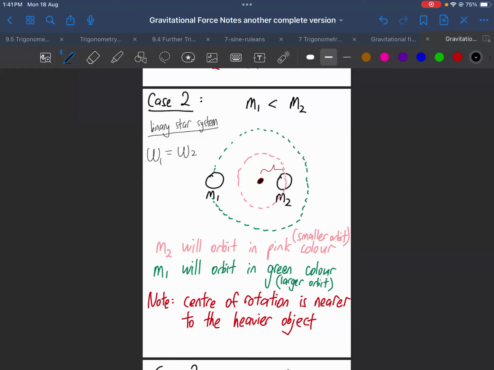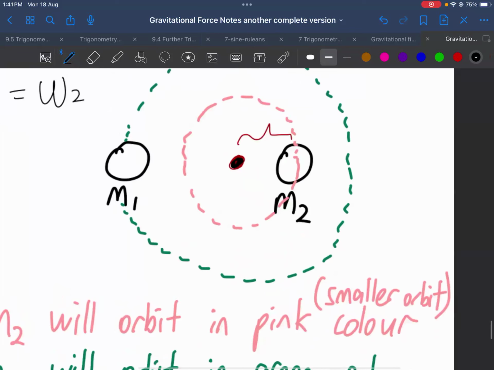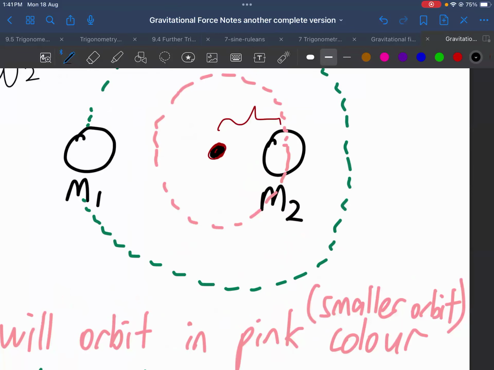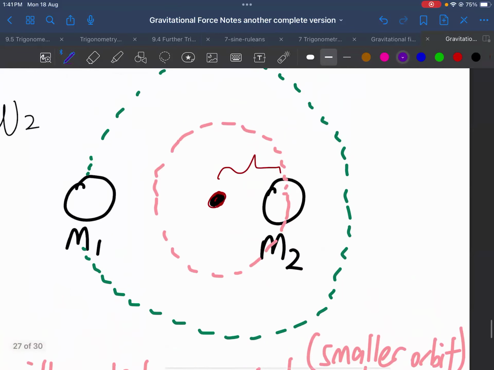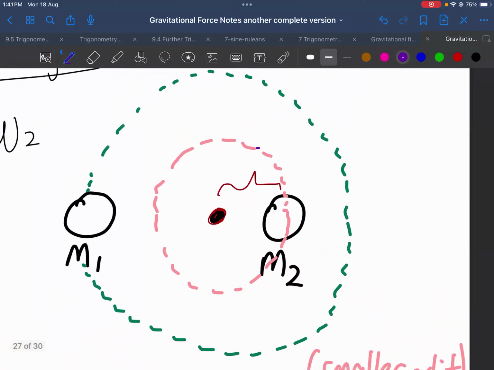And M1 is lighter, so M1 will have a larger circle. They're like playing hide and seek. For example, let's say M2 is here. I'm pretty sure that M1 will be here.